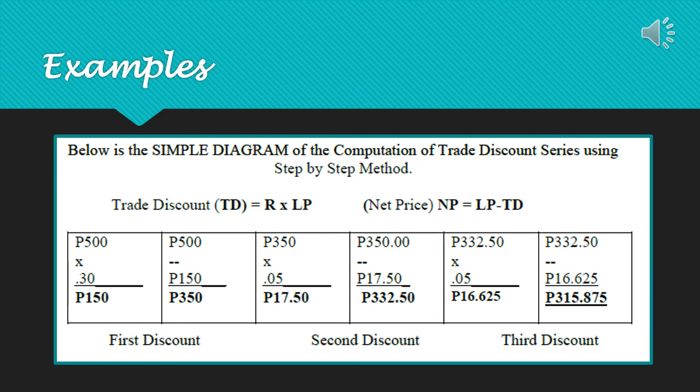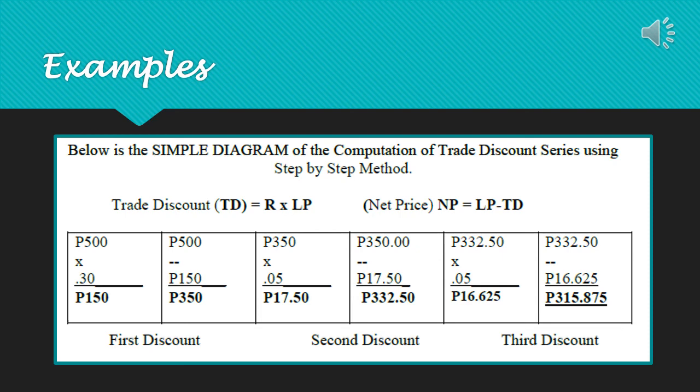Meron pa tayong last na discount. So, magiging list price ulit yan. So, our list price now is 332.50. So, ang discount naman niya, pangatlong discount, 5% dahil pumunta siya ng happy shopping hour. So, 332.50 times 0.05, so we'll get 16.625 pesos.